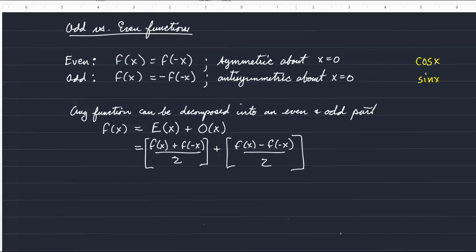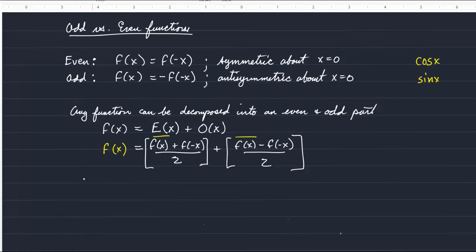Okay, so we have 2 f of x's divided by 2. When we add those together, we get f of x. And then f of minus x divided by 2 minus f of minus x divided by 2 cancel. So we're still preserving our original function, right? We're just showing how we can decompose it into this odd and even part.